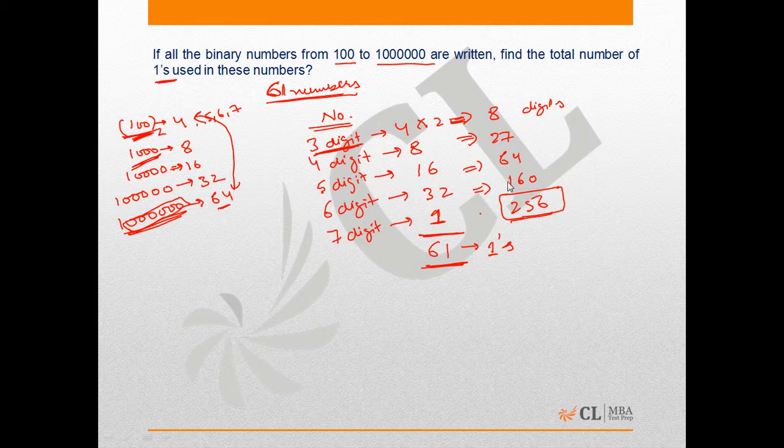So if there are a total of 256 digits, half will be 0 and half will be ones. So I will get 128 ones from here also. So the total number of ones will be 189. So your answer for this question will be 189 ones.